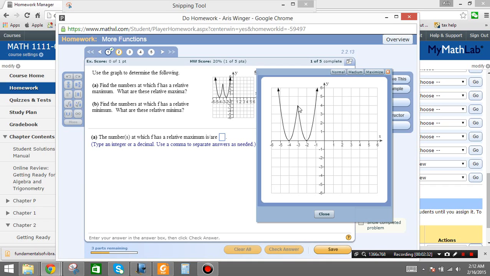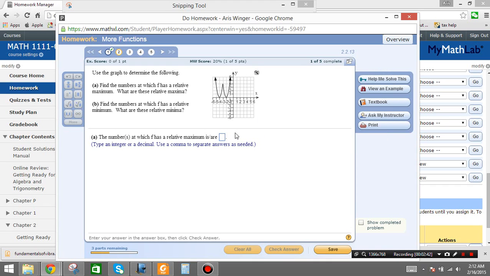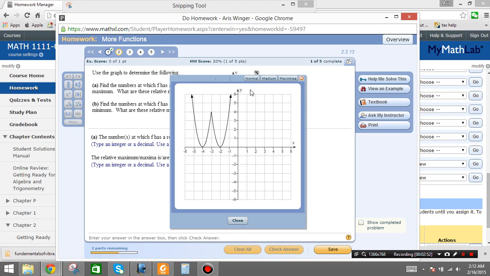This is a peak, and in some small area it is the largest value. What is the relative maximum? That means you want the actual value, so it's at negative 3, but the value is 4.